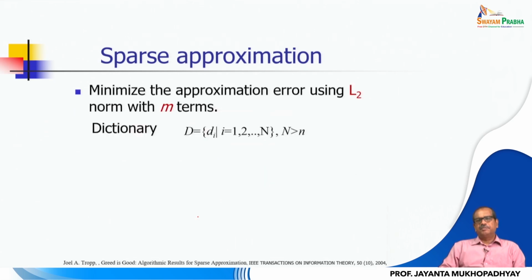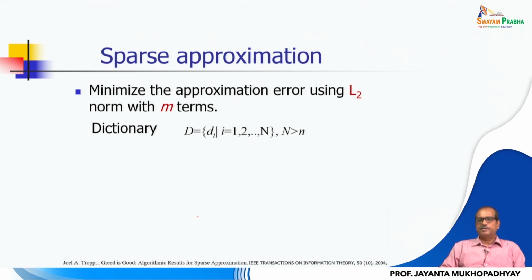So the more precise mathematical definition of this problem is to minimize the approximation error using the L2 norm with m terms. First we consider that there is a fixed set of m atoms, and then what is the best representation from those m atoms giving the minimum error.